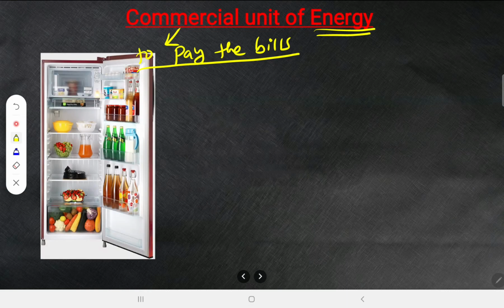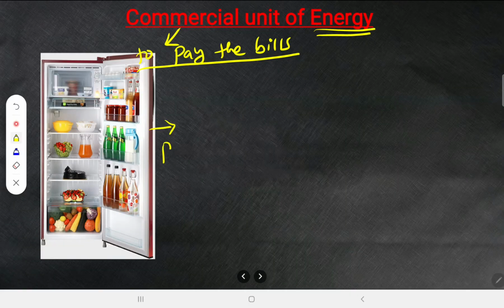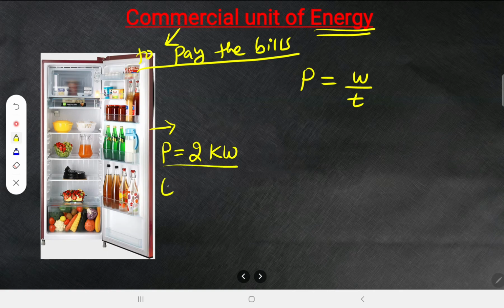Now look at this refrigerator. As I have mentioned already, the power of this refrigerator is like 2 kilowatt, for example. So what is the formula for power? Power is equal to work done divided by time taken. Now, this has a power of 2 kilowatt, and let us take that it is used for 10 hours. If you substitute all the values, power is 2 kilowatt, let me keep it as kilowatt only, equal to work done, which we don't know, divided by time taken, 10 hour.